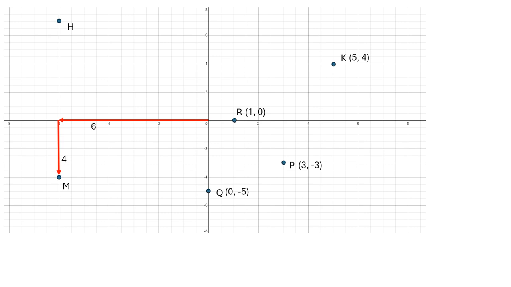Because we're moving left along the x-axis, we refer to it as -6, and because it's down, we refer to it as -4. So M is the ordered pair (-6, -4). Finally, H is another 6 units to the left along the x-axis, followed by 7 units up the y-axis. So the ordered pair for this particular point H becomes (-6, 7).